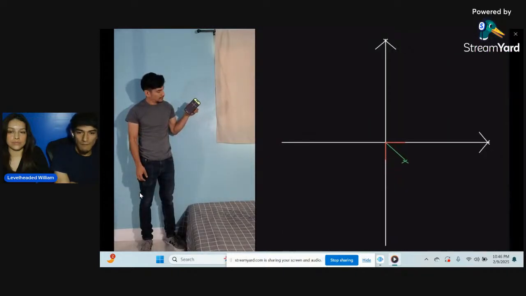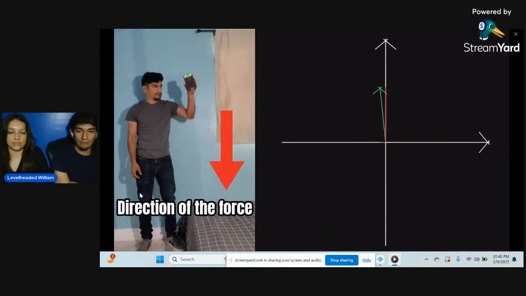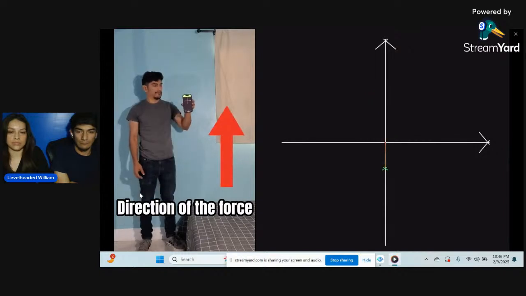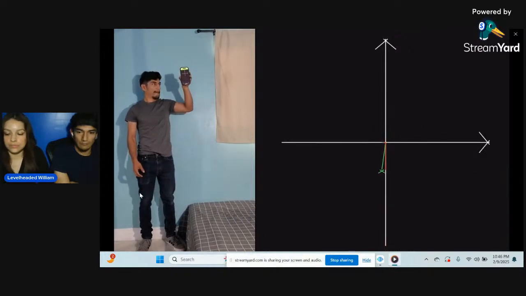When I switch to the vector tab of the accelerometer, we can see when at rest on Earth, it detects that the vector or force is down, as shown by the green line. However, the vector on the phone is inverted, because when I apply a force to the right, the vector goes to the left. And when I apply a force to the left, the vector goes to the right. When I apply a force down, the vector inverts up. And when I apply a force up, the downwards vector increases, showing that the vector on the phone is inverted from the true direction of the force or vector.